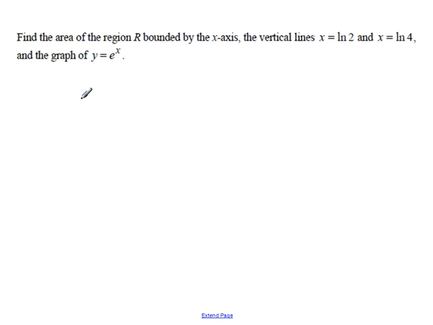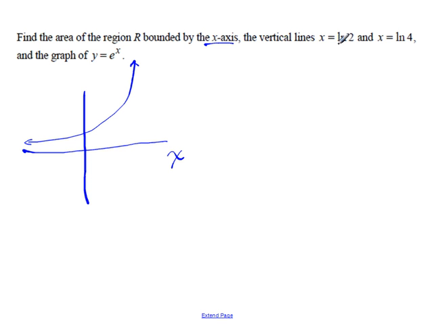All right, I always think it's pretty helpful to make a graph of what's going on first. So we've got y equals e to the x, and we're looking for the area that's bounded by the x-axis here, the vertical lines x equals ln2, so let's just say this is ln2 and ln4, and then the graph y equals e to the x.